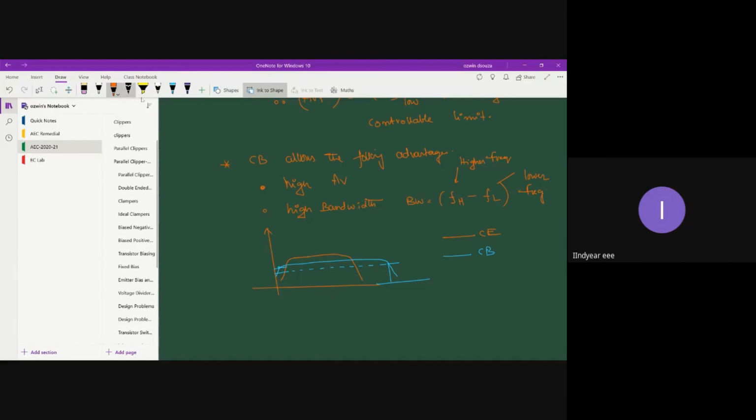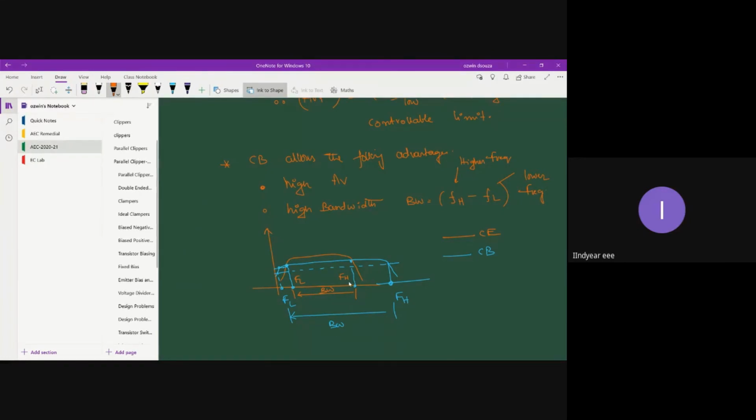You can clearly observe that blue has the wider bandwidth. The difference between FH and FL is the bandwidth. On the other hand, in the common emitter configuration, you will have a narrower bandwidth. This is your FL and this is your FH. So this is going to be the bandwidth of the common emitter configuration.